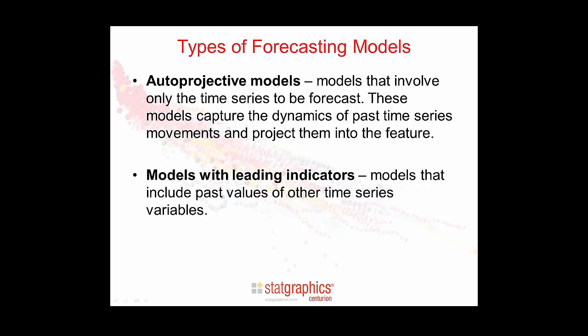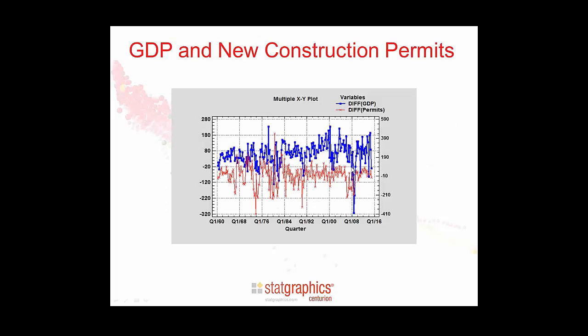Okay, and here incidentally is a picture of two variables plotted on the same plot. You see the first differences of the GDP values there in blue. You also see the first differences of new construction permits. They're plotted in red. Obviously the scales are different. One's plotted on the left axis, the other on the right axis.